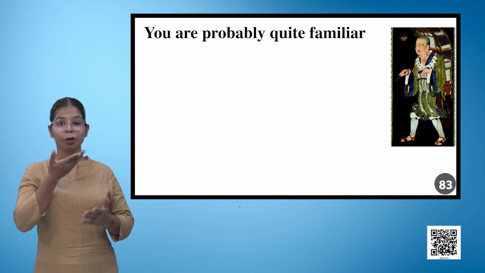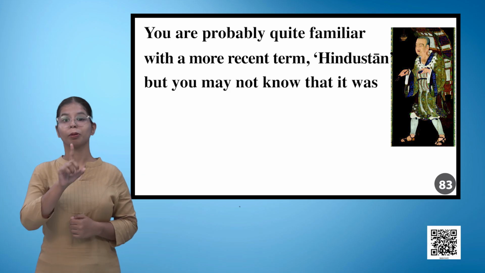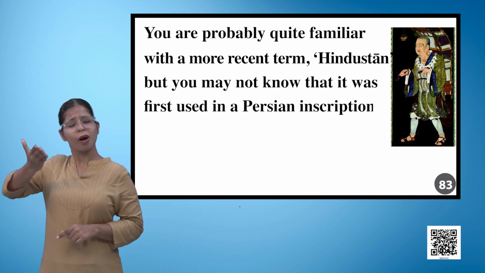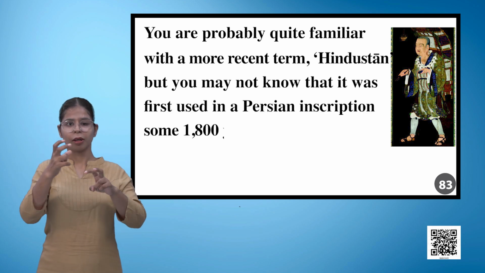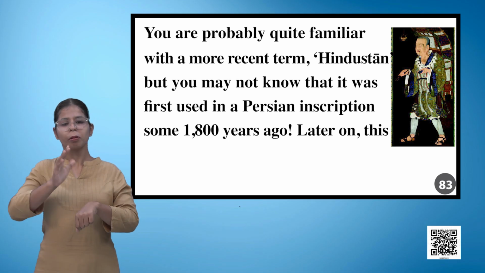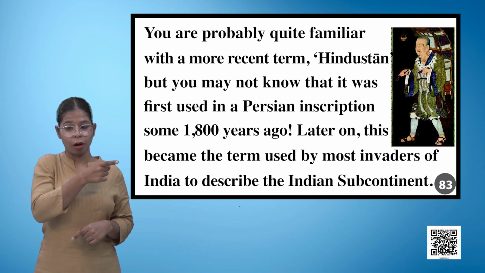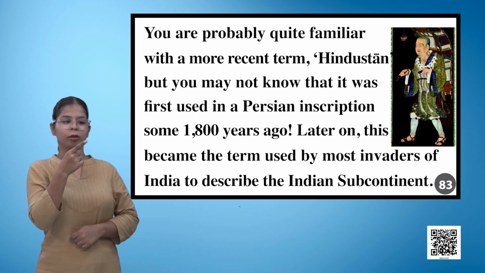You are probably quite familiar with a more recent term, Hindustan, but you may not know that it was first used in a Persian inscription some 1,800 years ago. Later on, this became the term used by most invaders of India to describe the Indian subcontinent.